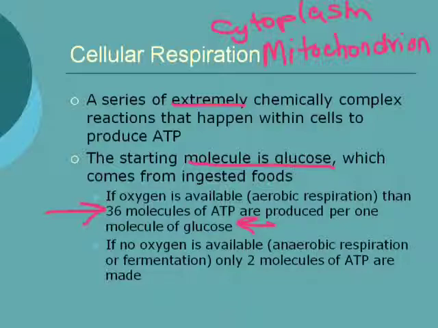That's a lot. If no oxygen is available, then you're only going to get 2 molecules of ATP from anaerobic respiration. So the 2 pieces from anaerobic plus the 36 pieces from aerobic respiration, a total of 38 pieces of ATP altogether, if you're breathing. We want to be breathing.